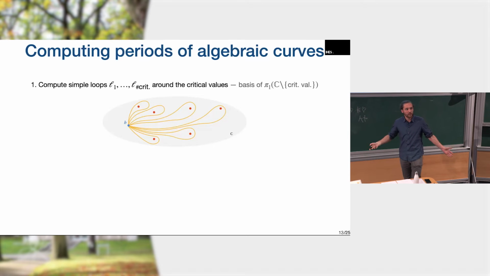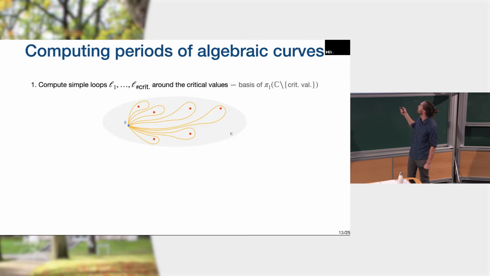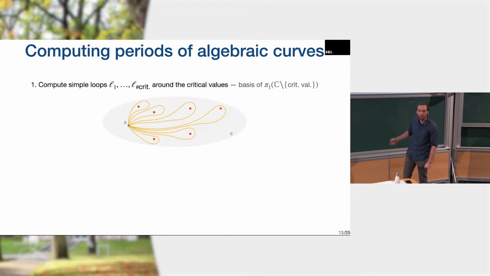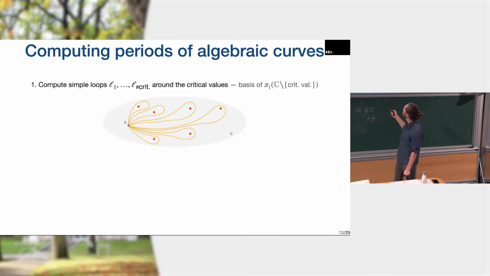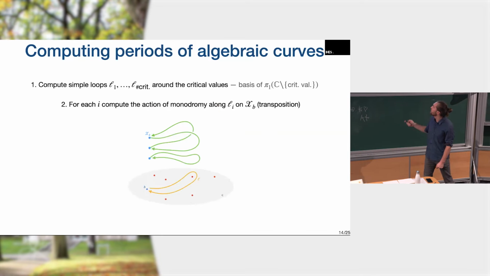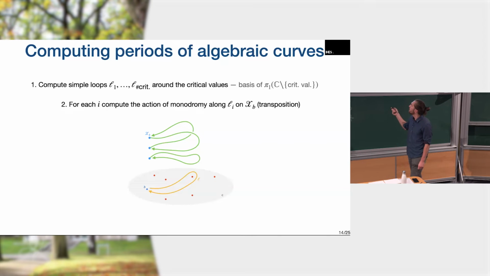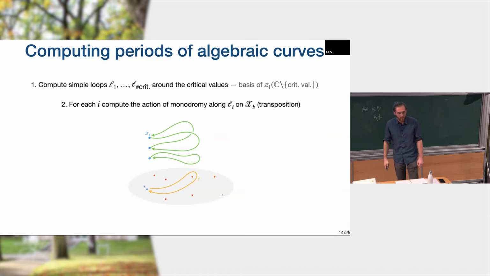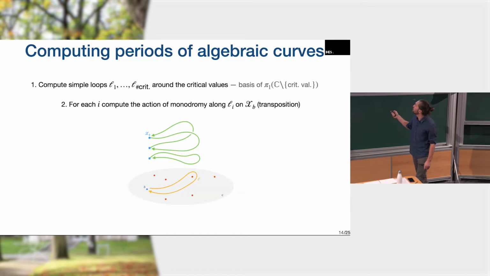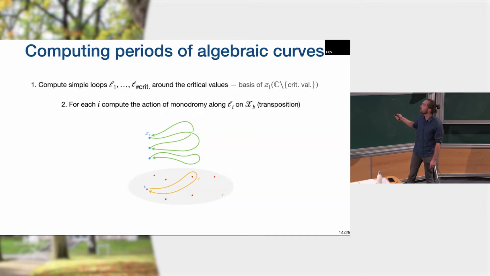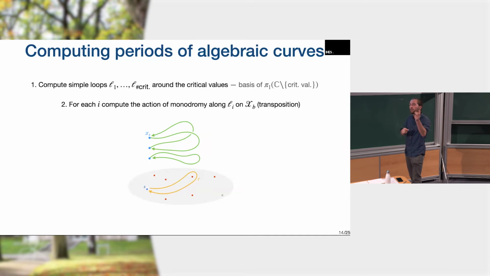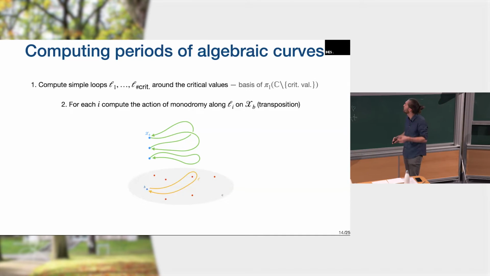First, you choose your projection, you compute these critical red values, and you compute simple loops around each critical value, represented in orange here. For each simple loop, you compute the action of monodromy. So this you can do in the case of curves simply by tracking the roots of this polynomial that defines the points in the fiber.